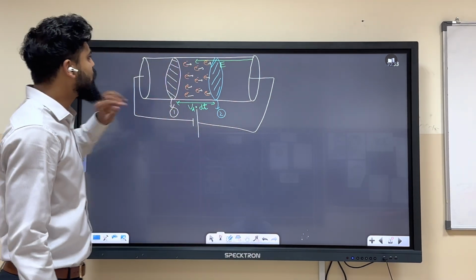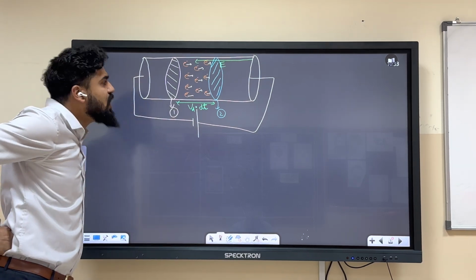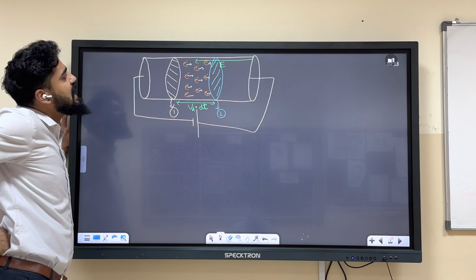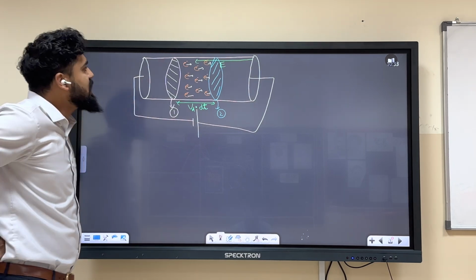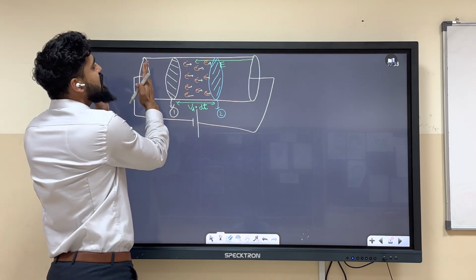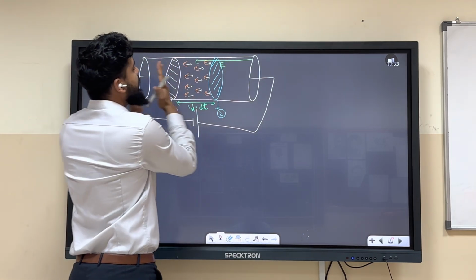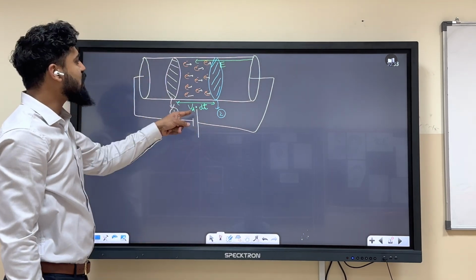Now let's focus on cross section 1. On cross section 1, can we see clearly that in time dt, all these charges will pass, with velocity vd.